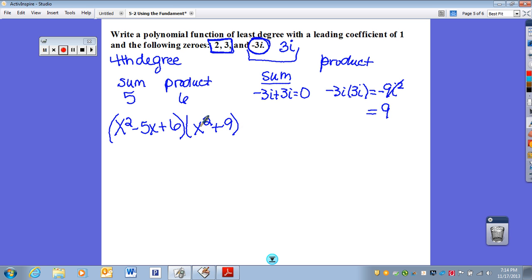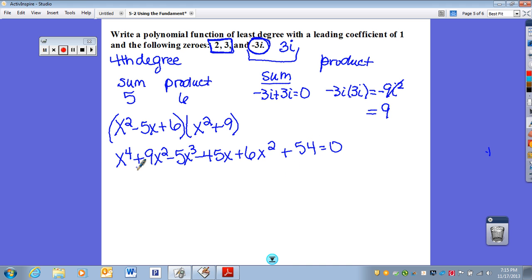And then all we need to do is multiply these two together. So x squared times x squared would be x to the 4th, times 9 would be 9x squared. Then we have negative 5x times x squared would be negative 5x cubed, times 9 would be negative 45x, and then we have 6x squared, and we have 54.